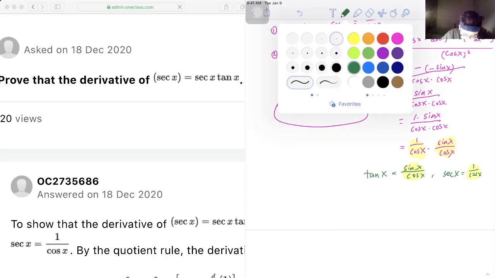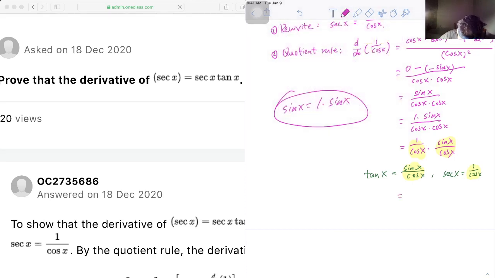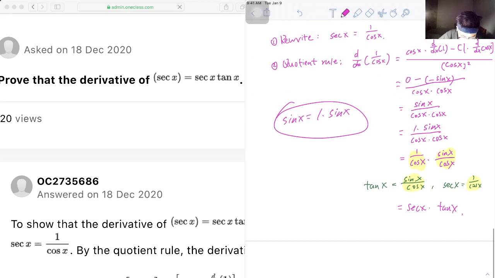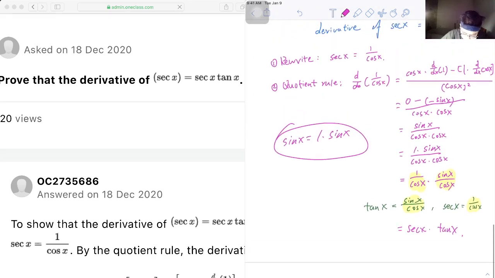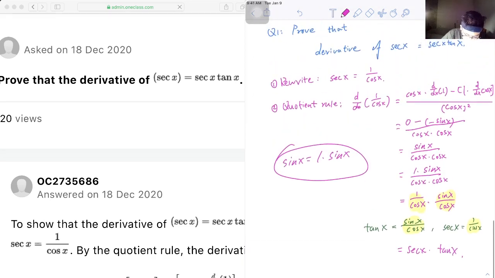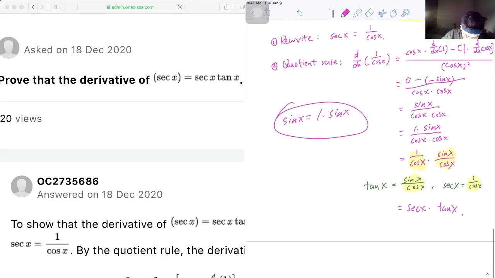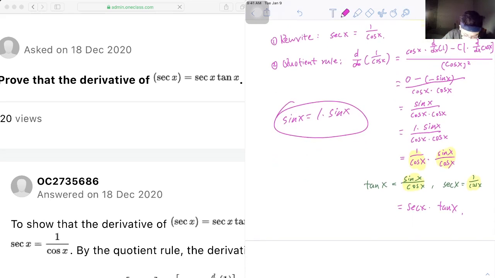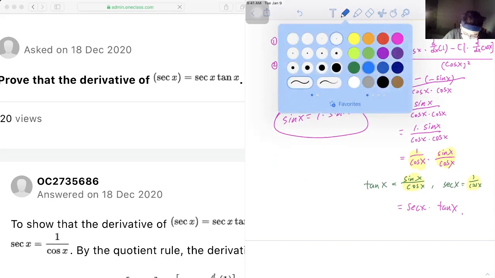Therefore, we will have secant x times tangent x, and that's exactly what we're trying to prove. Okay, so now we can write our conclusion.